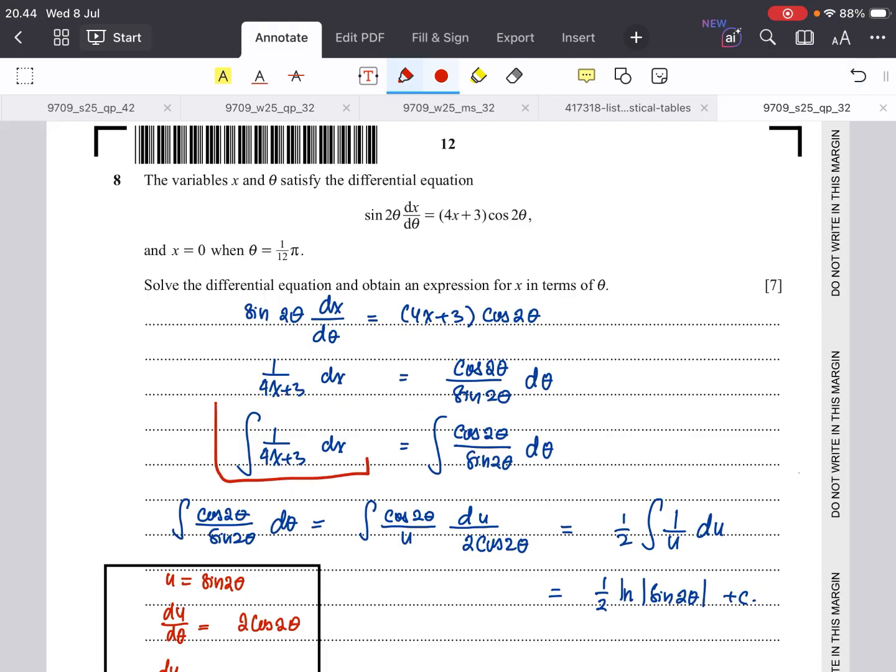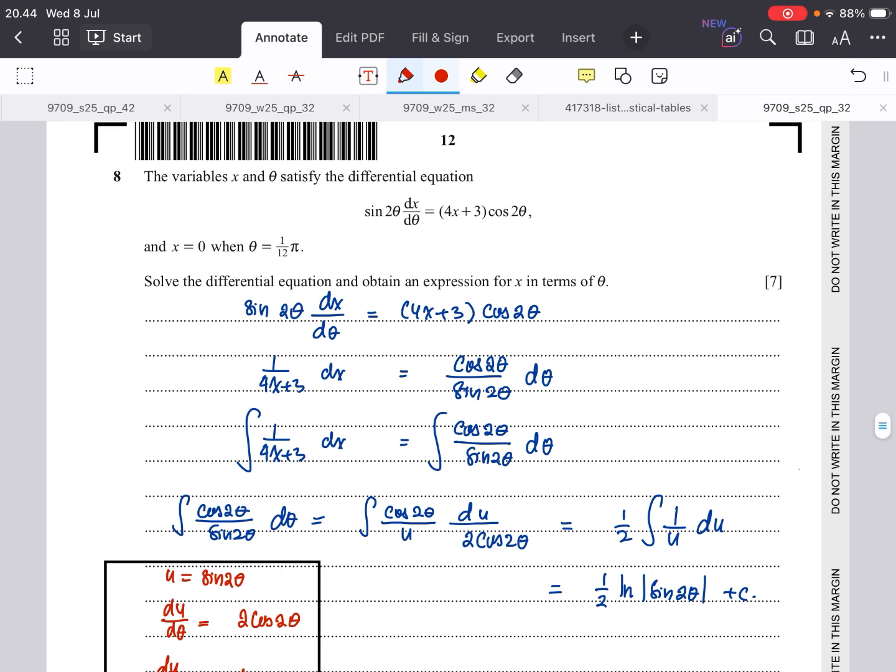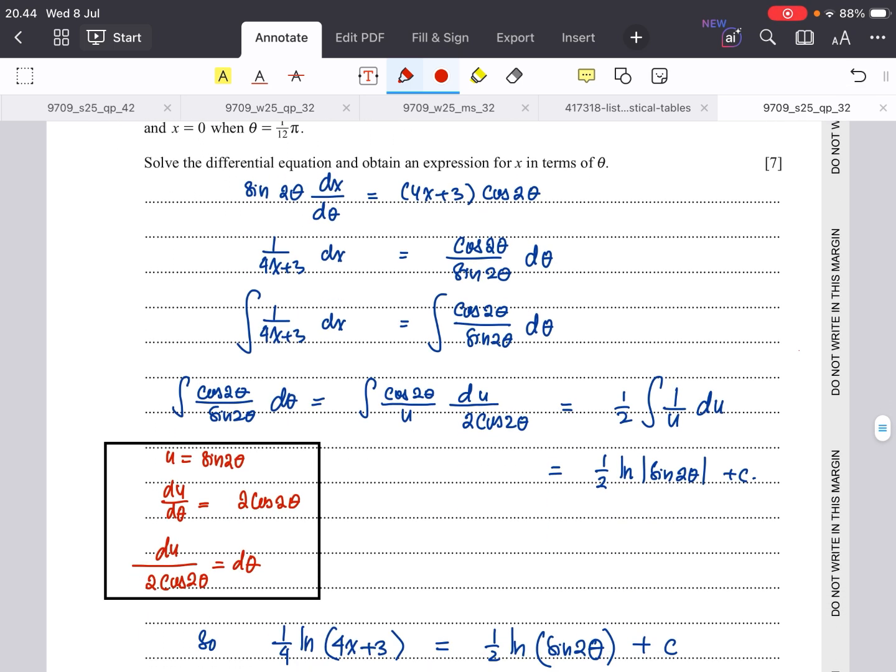This integration is easy because we can apply the formula that will be given. You can see the list of formulas that will be given to you during the test. But for this part, we need to use the substitution method. For the integration of this, I use substitution u equals sine 2 theta.